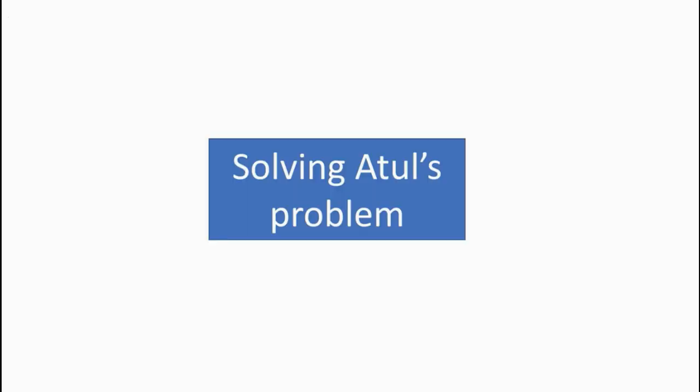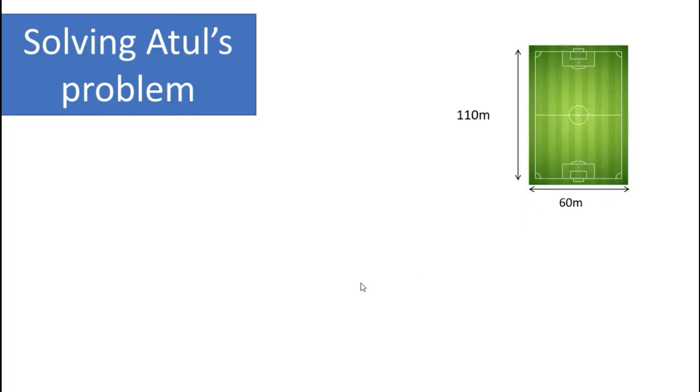So now we are going to be solving Atul's problem. So Atul's football ground is rectangular, and we have learned the formula to calculate the perimeter of a rectangle. So as you can see, the length is 110 meters and the breadth is 60 meters.